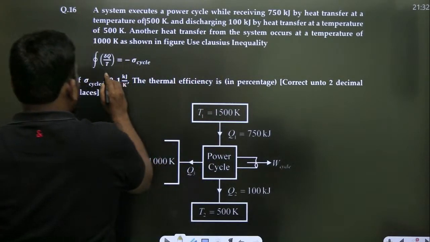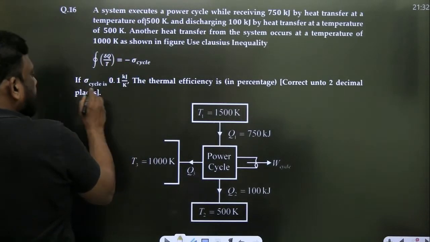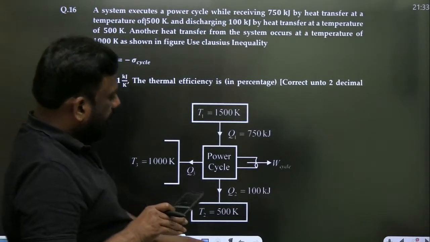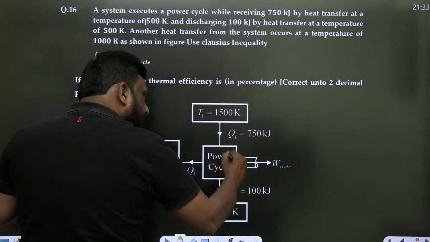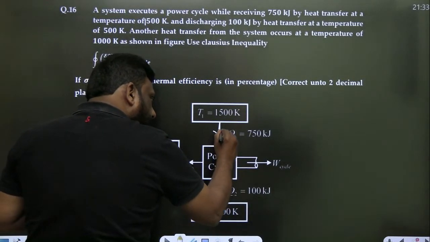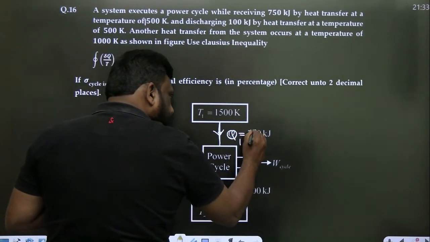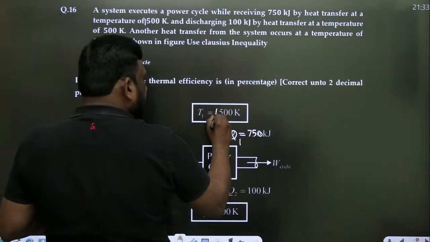Use Clausius inequality. Cyclic integral of dQ by T is minus sigma cycle. Okay, and the sigma cycle is fine. I'll tell you what this question is exactly. This power cycle is receiving 750 at 1500 Kelvin.